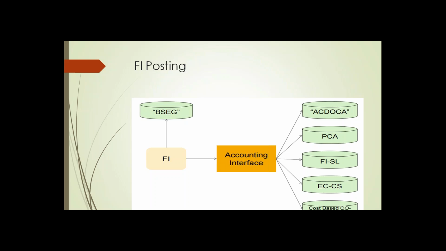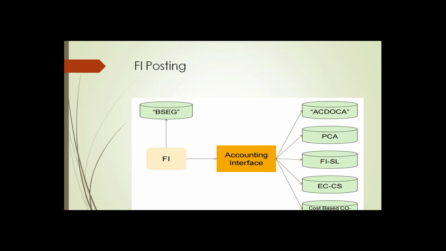So in account-based COPA, you have all the postings as and when the account gets hit. But in cost-based COPA, account is not the primary thing on which you make your analysis, but rather there are something called value fields. For example, when I do goods issue to the customer, in account-based COPA, I have to see the cost of sales account and the value in it.